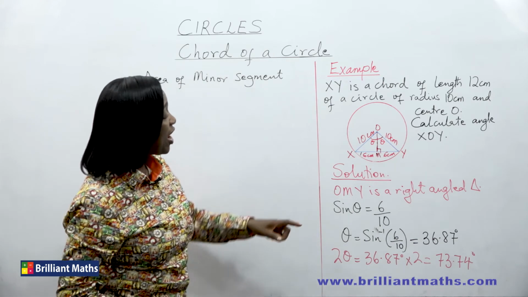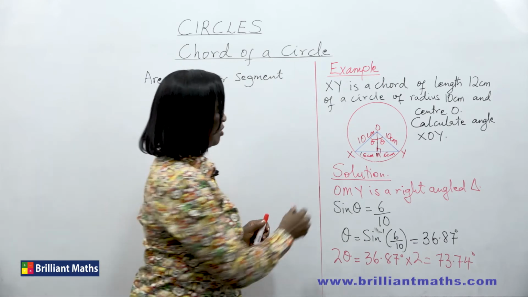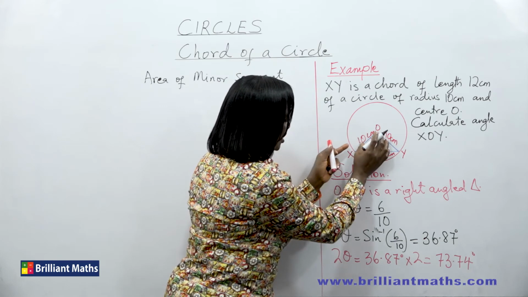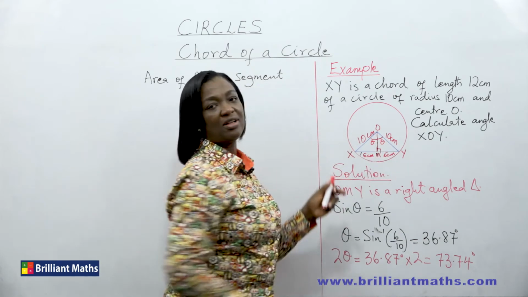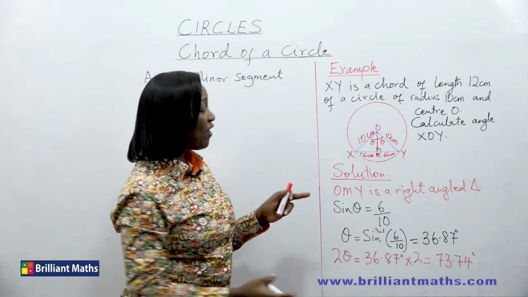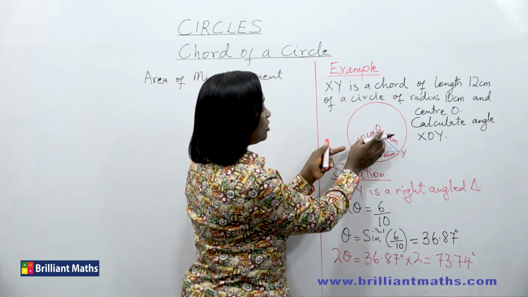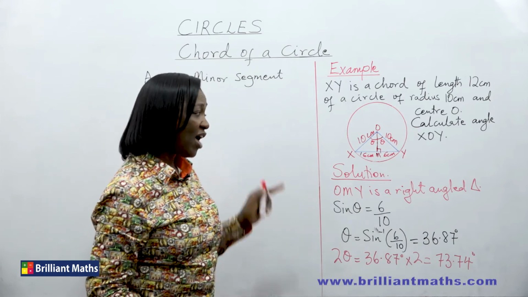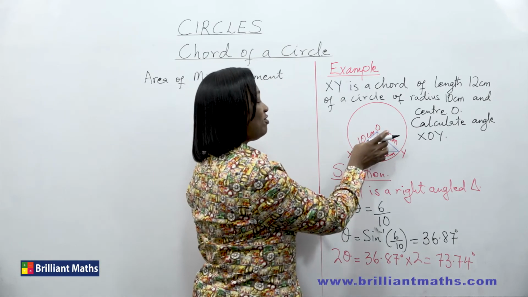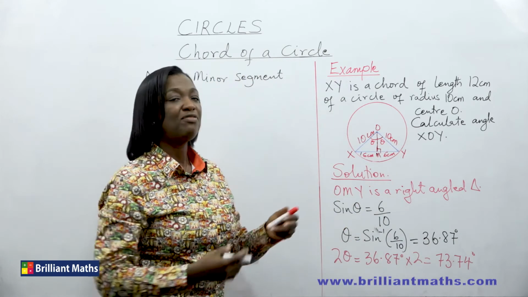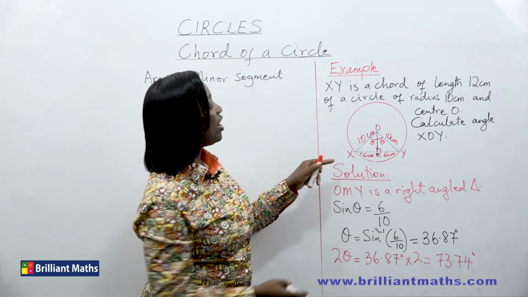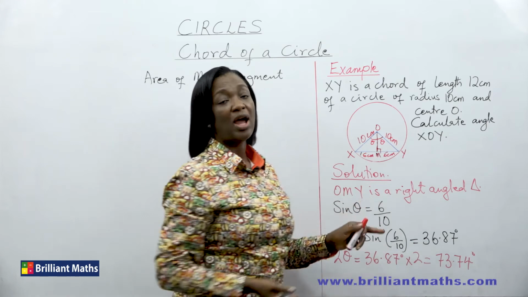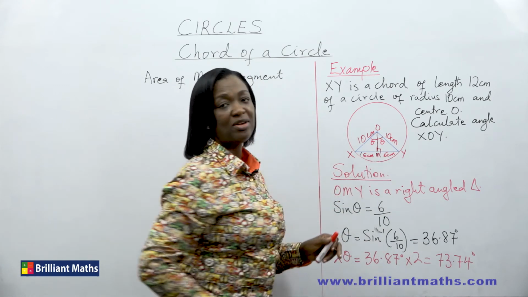It will be the area of the minor sector. Remember that this is a sector. The sector is a triangle and the segment. So we'll find the area of the minor sector and then find the area of the triangle and then find the difference. Subtract the area of the triangle from the area of the minor sector and you'll get the area of the minor segment.